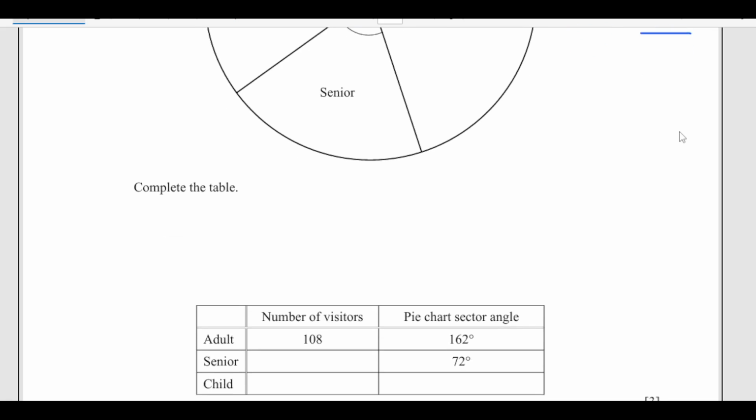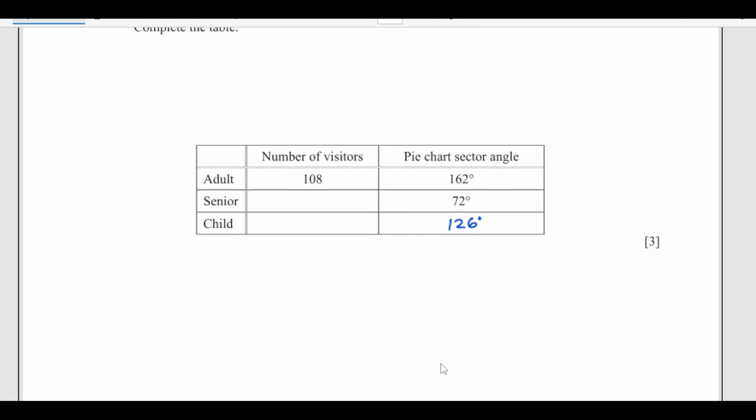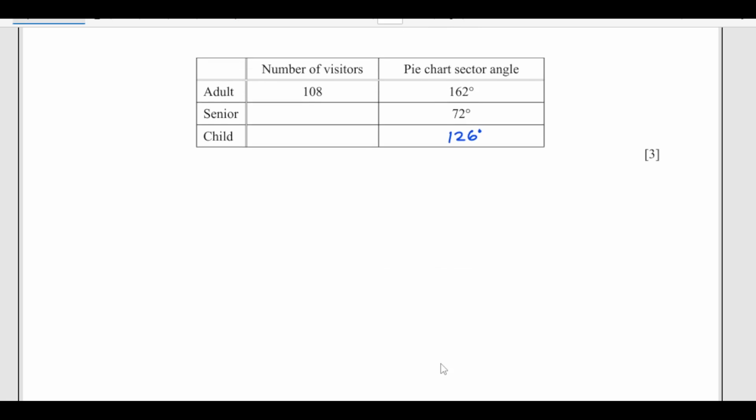Then we have this pie chart, this is 126 degrees, right? Now we are looking for the number of visitors. How can we find out? I will take the adults first. For the adults column, we have 162 degrees out of 360. Times x, the total number of visitors, equals 108, right?